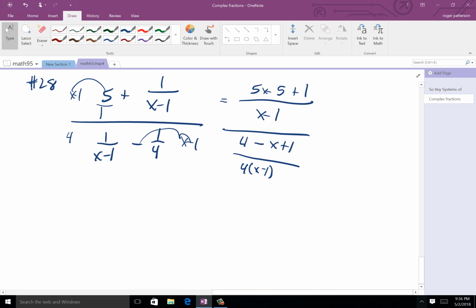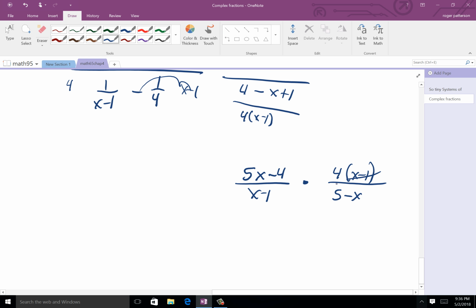Okay, now we're going to flip and multiply. So let's see, I have 5x, and I think this is supposed to be a, what did I do here? Oh, 5x minus 5. Alright, so that's going to be a minus 4 on the top over x minus 1. Flip and multiply. 4 goes there, x minus 1 there. 5 minus x on this one.